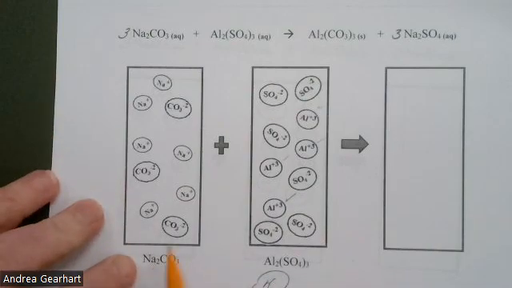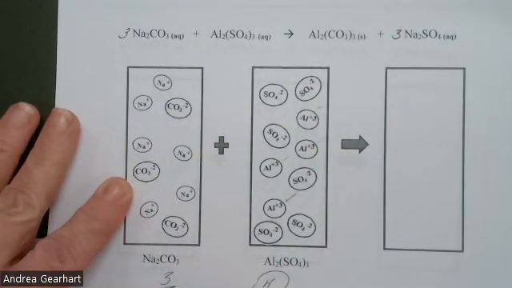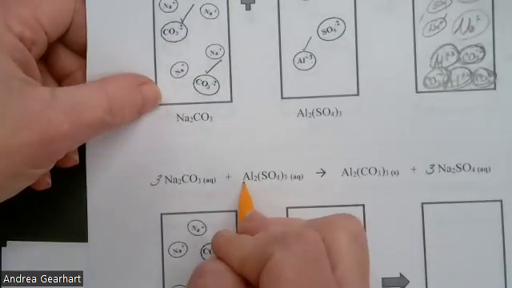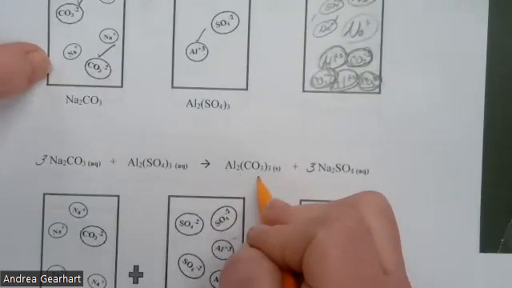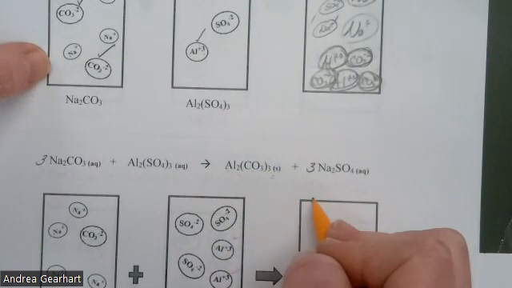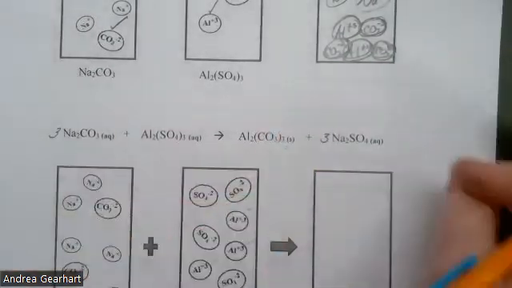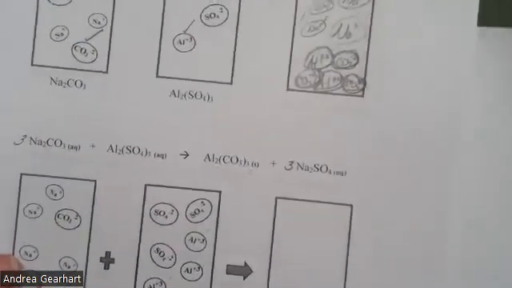Well, let's see, I have only 3 carbonates. Remember, every 2 aluminum plus 3s will bond with 3 carbonates. So the carbonate is the limiting reactant. I'm only going to create the same number, 1 formula unit.